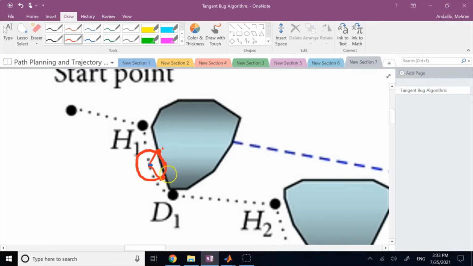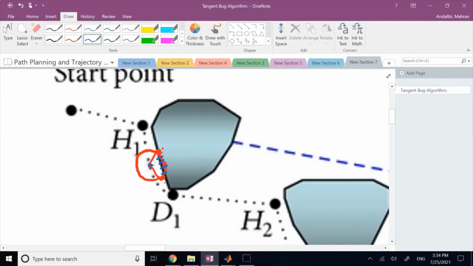You have to calculate the D min, which is the minimum of the distance you have observed so far between the boundary and the goal point. And for that, not only do you need the endpoints, you also need any other point on the boundary that you can sense, because one of them can provide you with the D min, right?